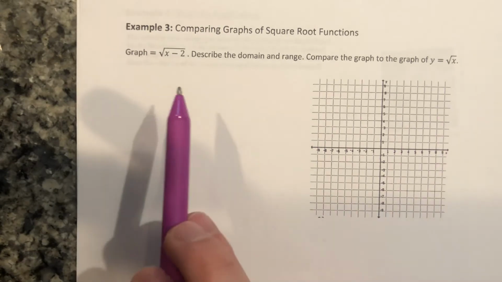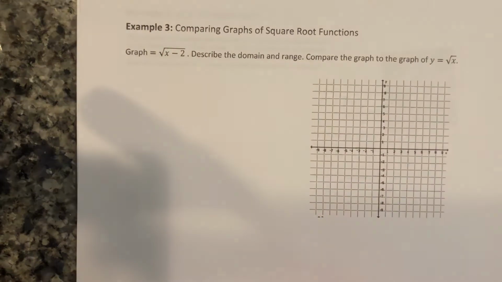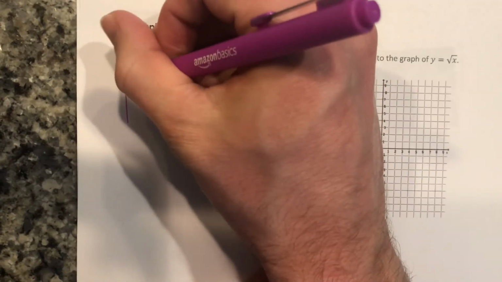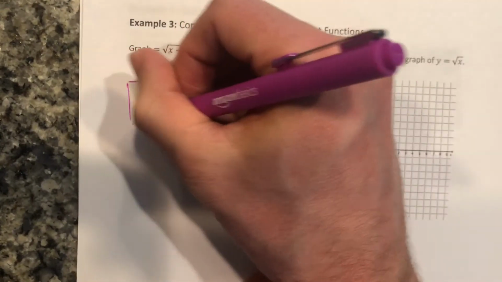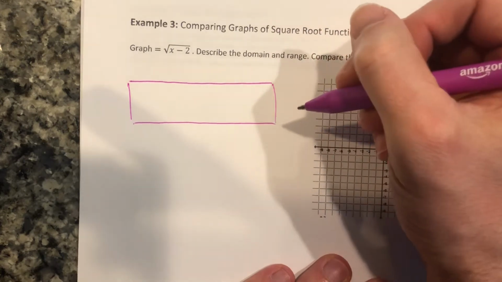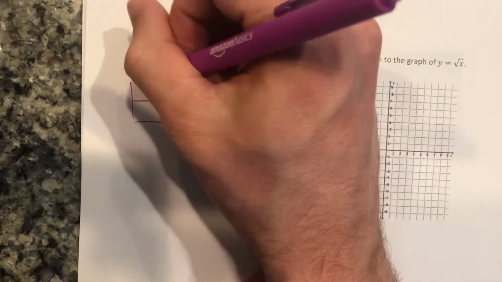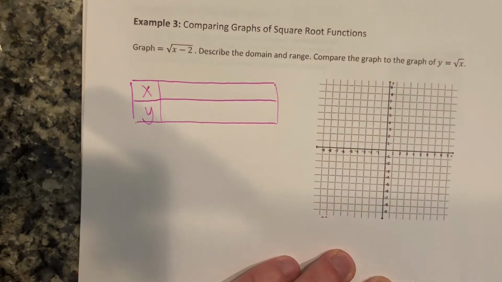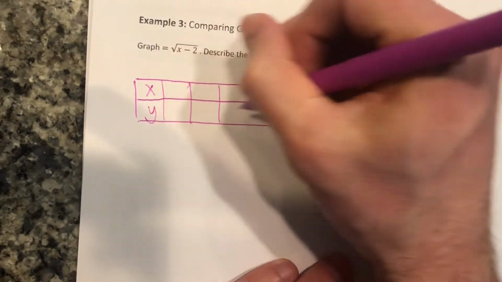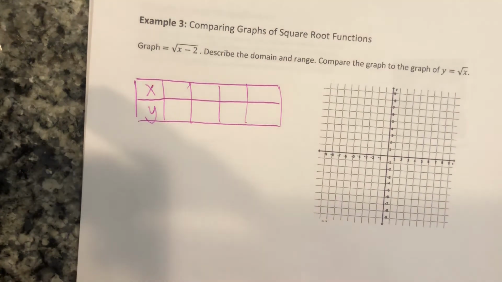So let's graph it. The first thing that I would do is make a table. And I have my x values, my y values, and let's just make enough for 4 spots here.